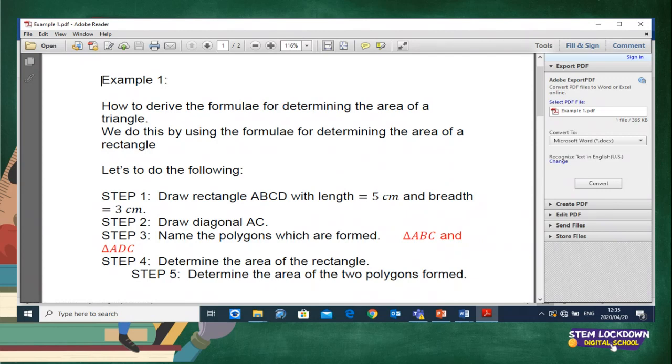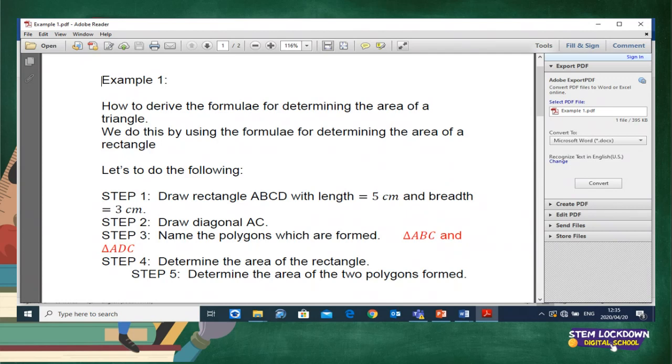So let's do the following activity. Let's go to step 1. Let us draw a rectangle ABCD with the length of 5 centimeters and the breadth of 3 centimeters. Thereafter, go to step 2.